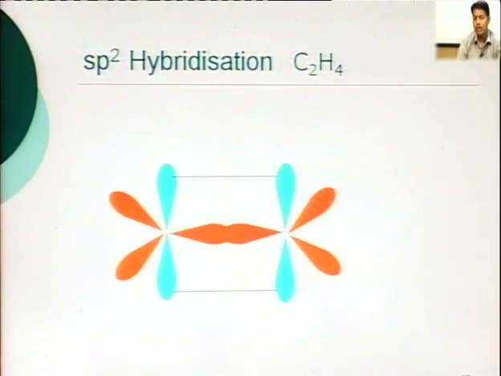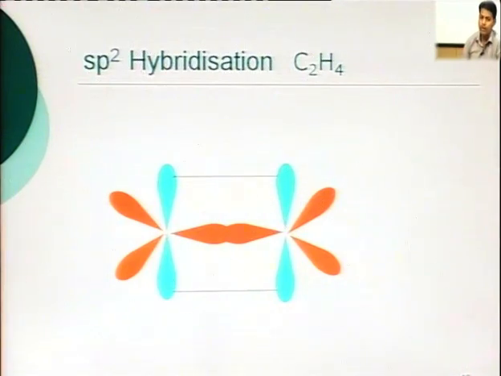The unhybrid orbitals overlap each other sideways and the hybrid orbitals overlap at the internuclear axis with each other, and the other 4 orbitals overlap with hydrogen, and the shape is trigonal planar for one carbon and trigonal planar for the other carbon. The unhybridized orbitals that overlap sideways form a pi bond, and the hybrid orbitals that overlap at the internuclear axis form sigma bonds.